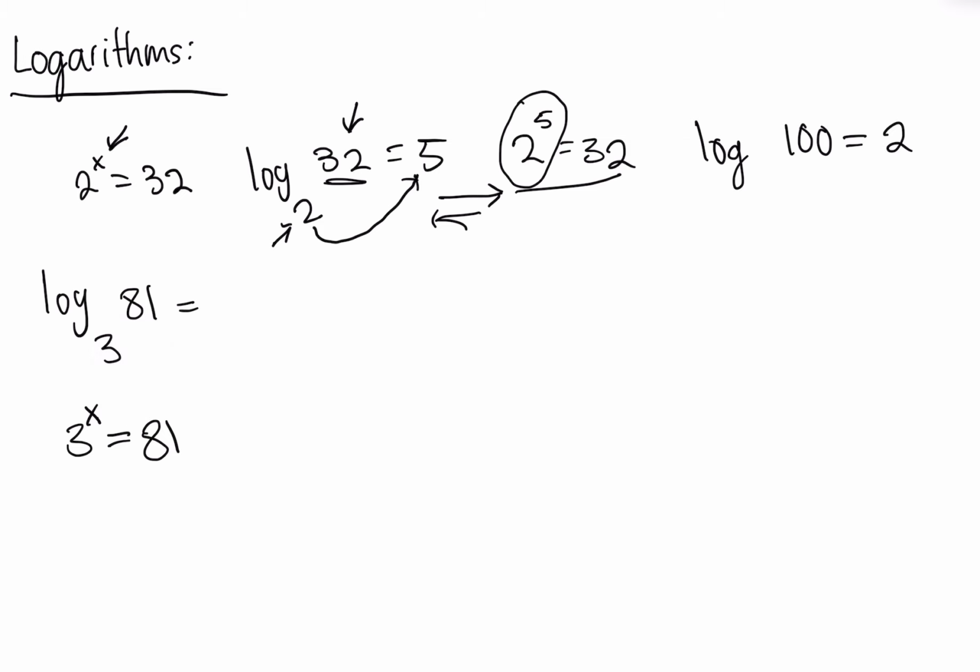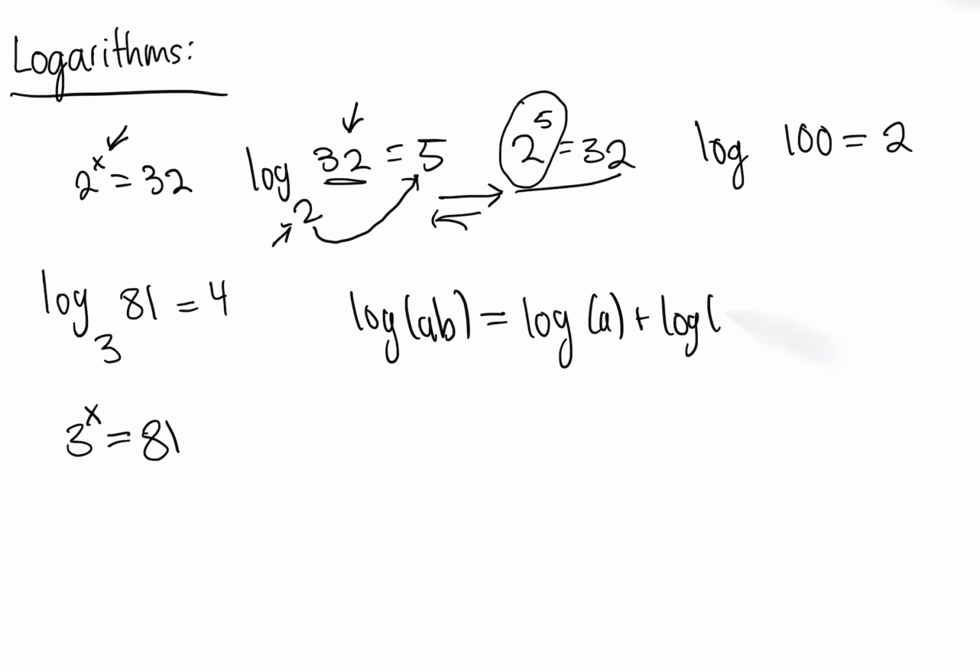Now we could use a calculator for this, or you could try solving this in your head. But eventually, you'll get to 4, because 3 to the 4th power is 81. 3 times 3 times 3 times 3 would be equal to 81. See, that's it. Done.